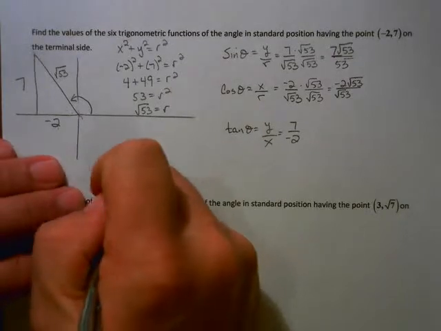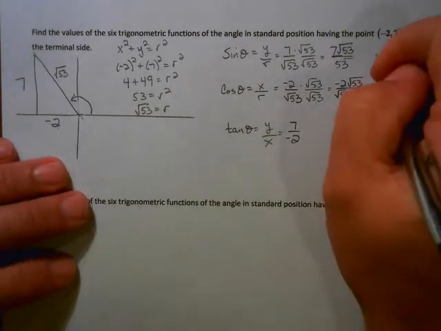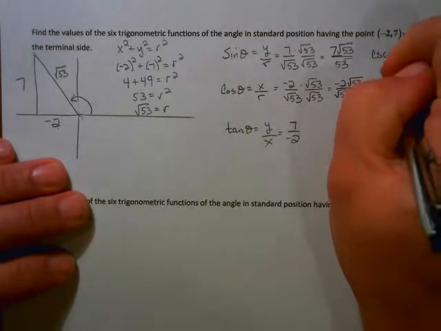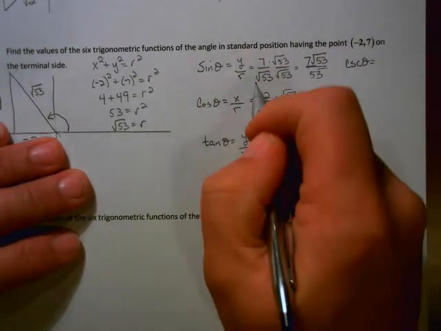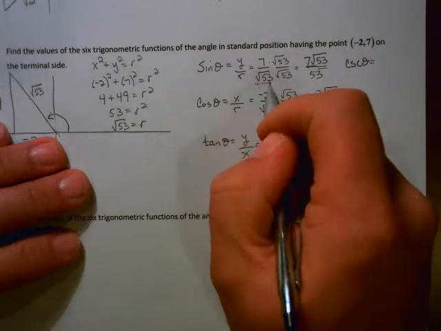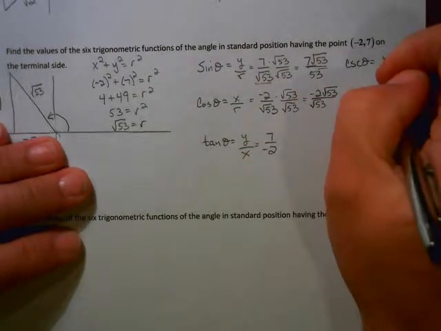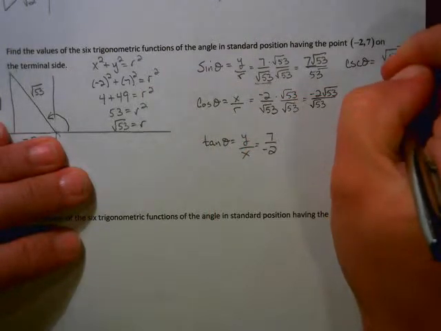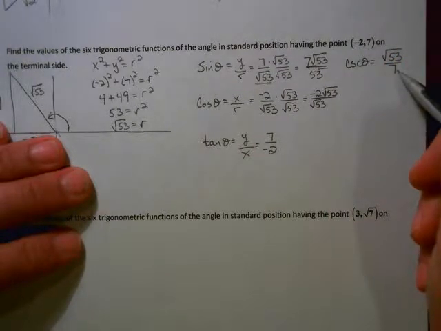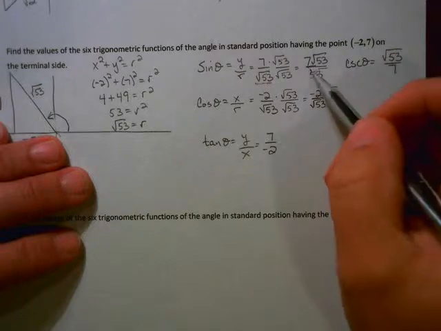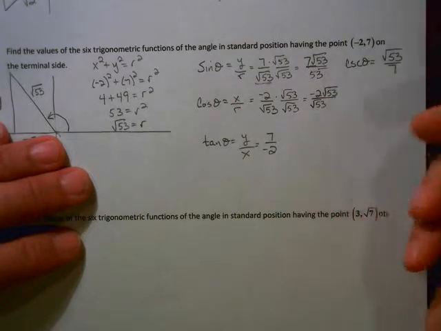So now when we find the cosecant theta, it is going to be the reciprocal of sine, but again I'm going to use this one here to flip, so that's going to be the square root of 53 over 7. And if I do that, notice I don't have to rationalize. That's what that would simplify to if we flip this and rationalize.